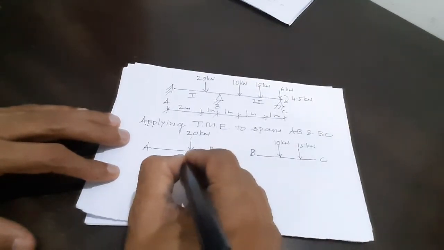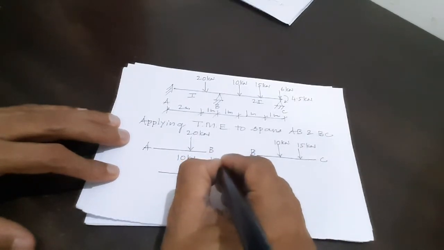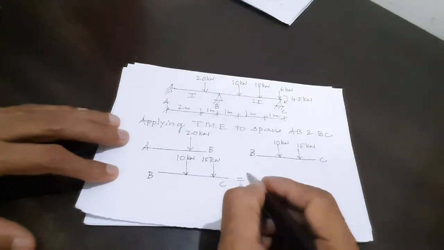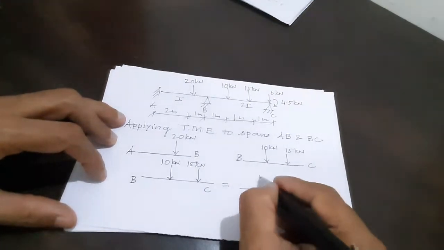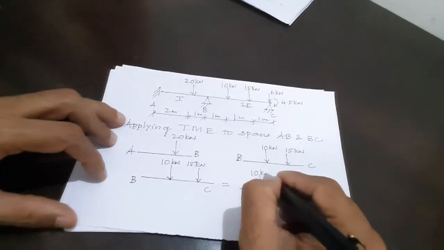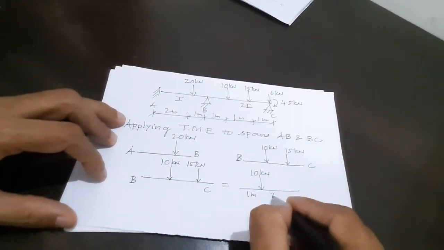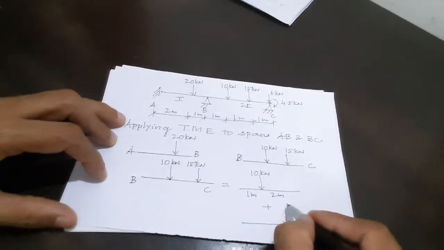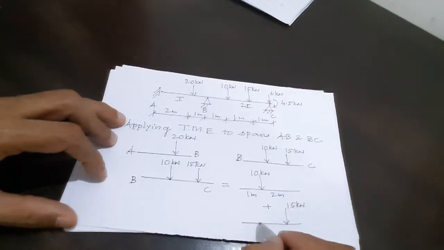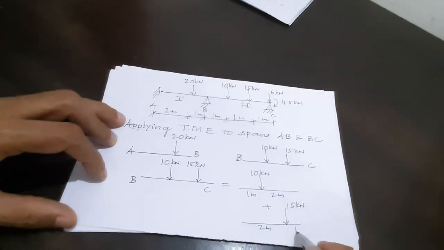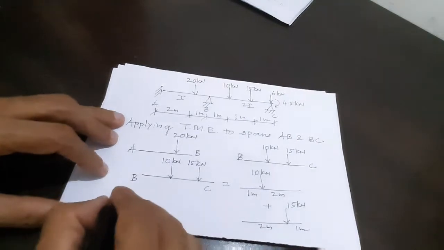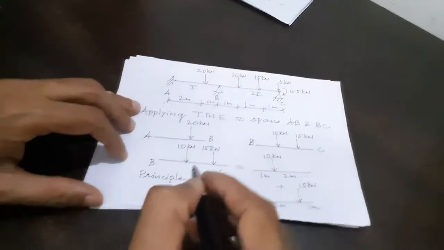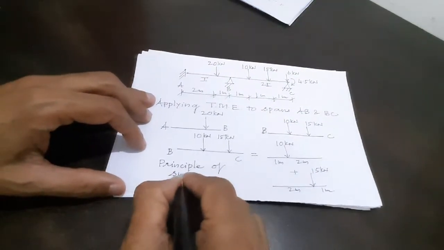This 10 kilonewton and 15 kilonewton acting on BC is considered to be this 10 kilonewton at 1 meter and remaining distance 2 meter, plus this 15 kilonewton at 2 meter from B and 1 meter from C. This is called the principle of superposition.